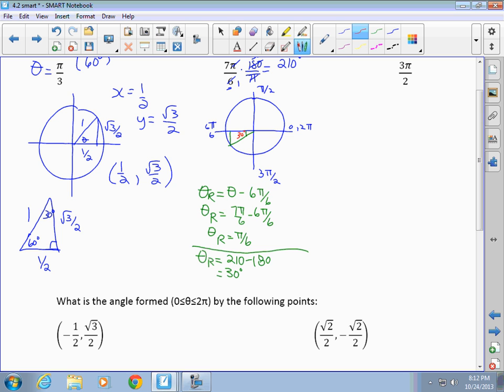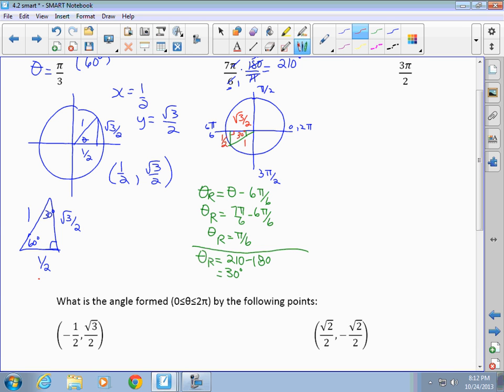The side opposite the 30 degrees has that value of, and I'm just looking off of here, 1/2. I know my hypotenuse is a 1. And then the side opposite that, which would be opposite the 60 degrees, is that square root 3 over 2.